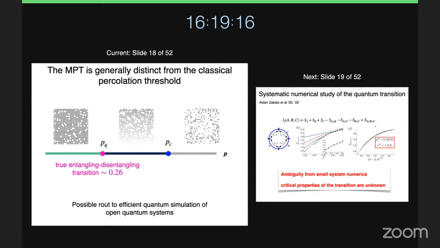But the overall picture that is emerging is that there are actually three regions. There is one region where the circuit is connected and is capable of transmitting quantum information. There is another one where it is trivially, or classically, disconnected and obviously cannot transmit quantum information.